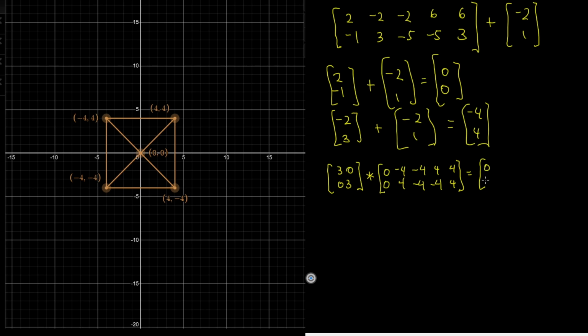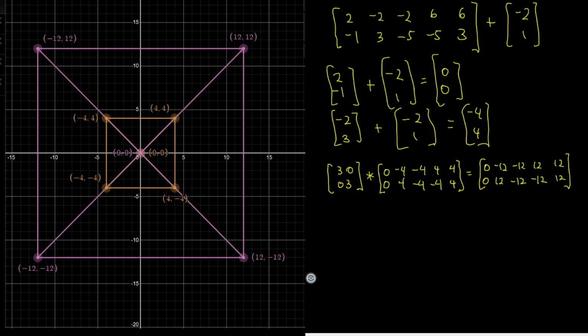That gets us 0 and 0. 3 times -4 plus 0 times 4, that is -12. 0 times -4 plus 3 times 4, that is +12. So let's do the rest of these. Then that is going to get us -12, -12, +12, -12, and then 12, 12. And that gets us to here.